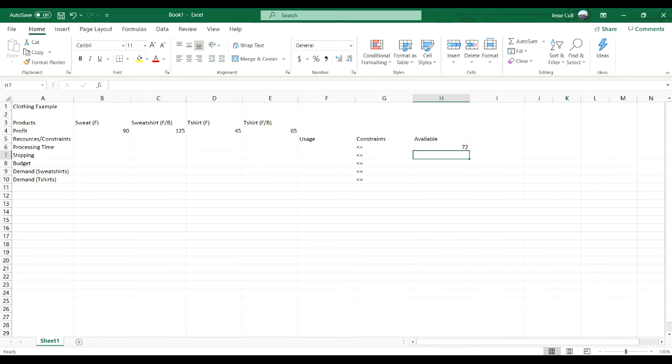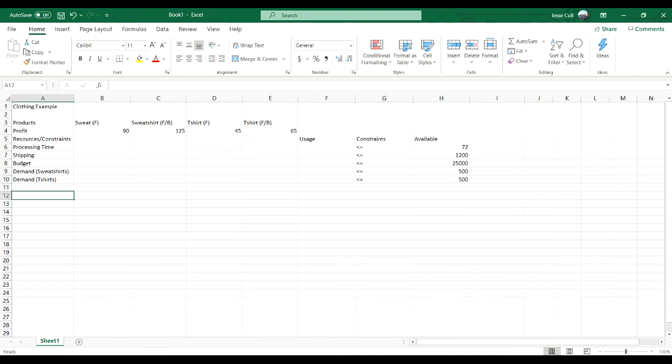The total shipping space we have to ship our products is 1,200 units of space. We have $25,000 for our project. We have 500 sweatshirts total, front and back, or just front, demanded, plus 500 units of t-shirts, logo on the front or logo on the front and back, demanded.